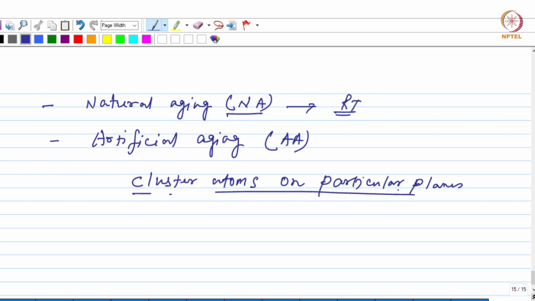And these clusters are known by the name Guinier-Preston zones, or GP zones.